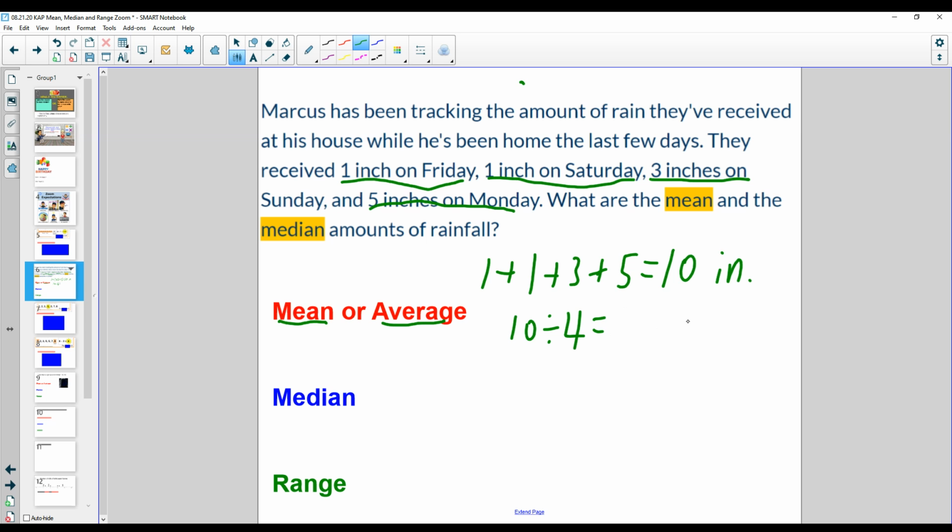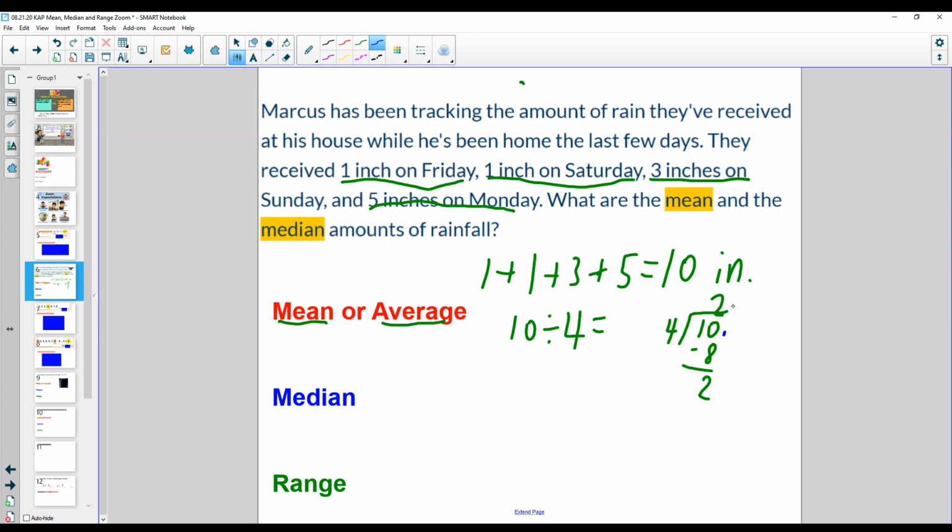10 divided by 4. So let's figure out what 10 divided by 4 is. How many groups of 4 go into 10? 2 groups, which is 8. If I subtract that, the remainder is 2. Do you know how to get rid of a remainder? We don't use R2. This is not bingo.